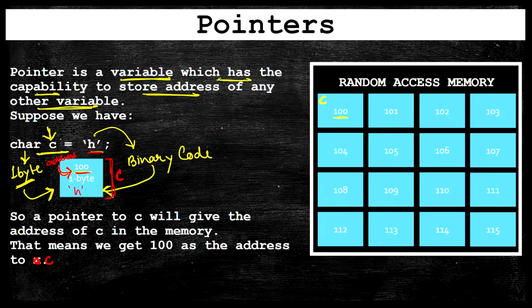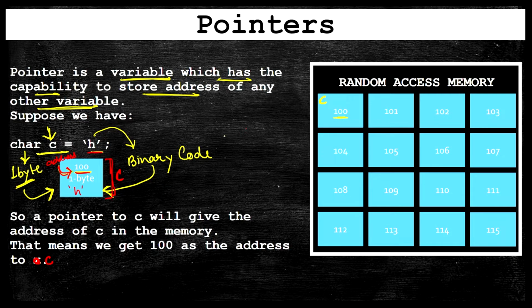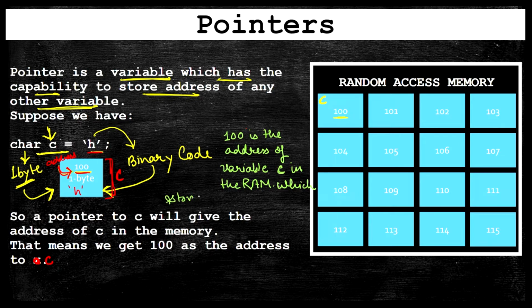So you can write over here, 100 is the address of variable C in the RAM, which stores the H character as value.